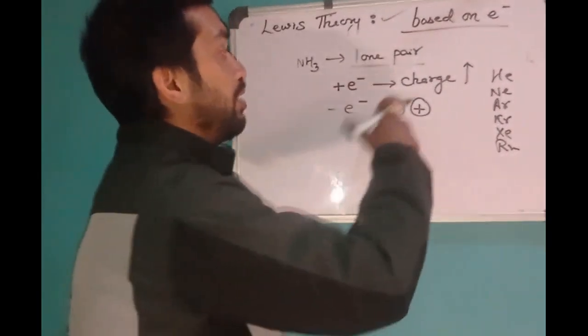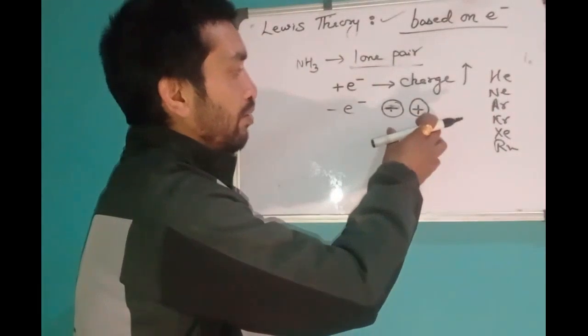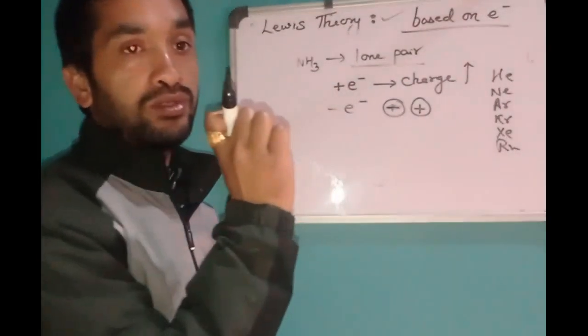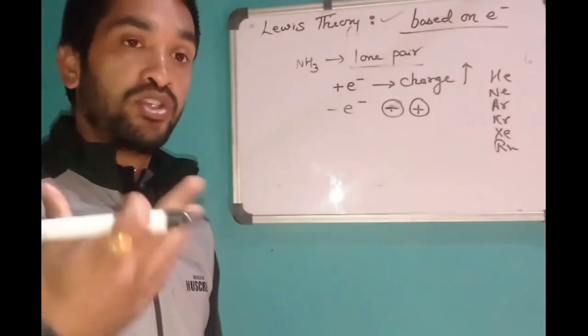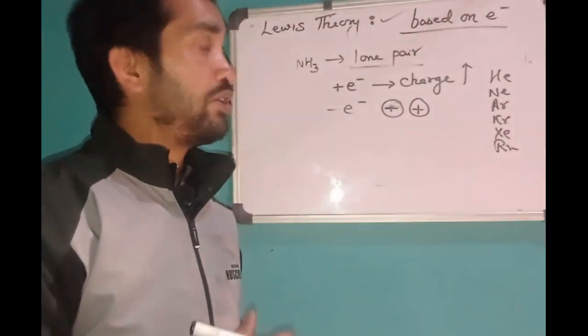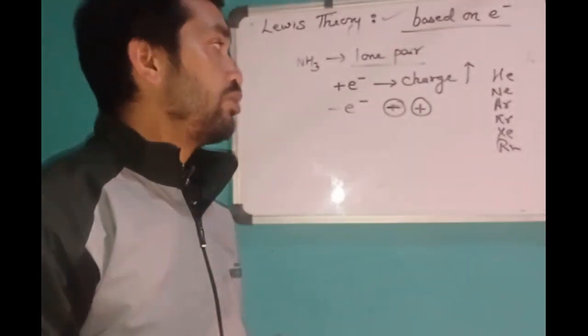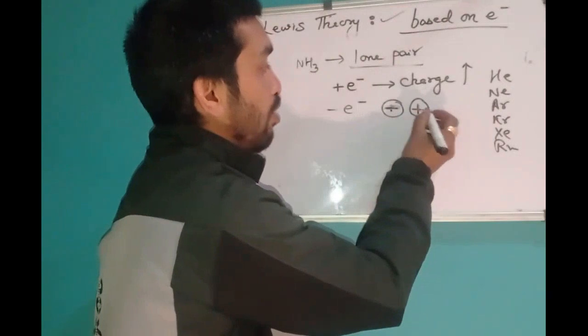How? By making it donate electrons, or it will donate itself. When it donates electrons, this negative charge will reduce, and reduction of charge means gaining more and more stability. Accepting electrons means it is going to increase its instability because it will acquire more and more negative charge. So instead of acquiring negative charge, it is going to acquire positive charge.